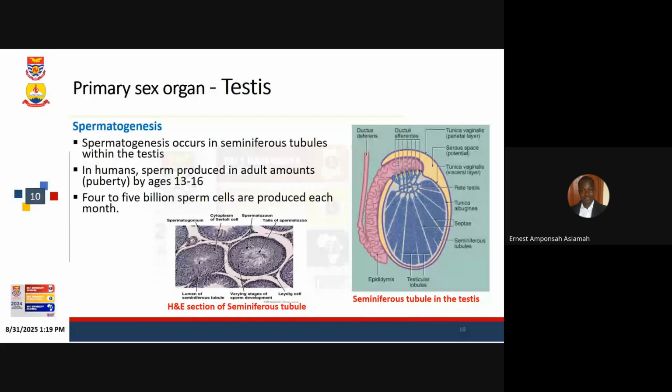In humans, sperm is produced in adults. Sperm production should start between the ages of 13 to 16, and about 4 to 5 billion sperms are produced each month.